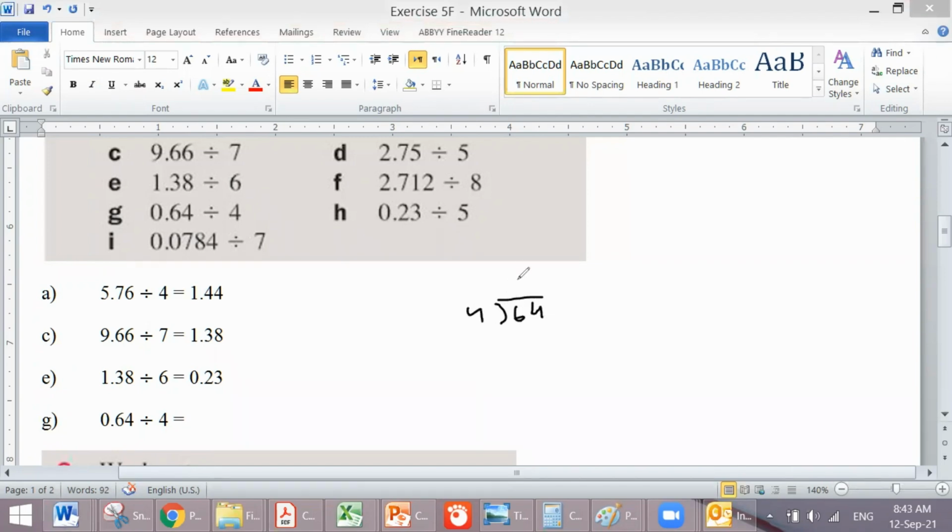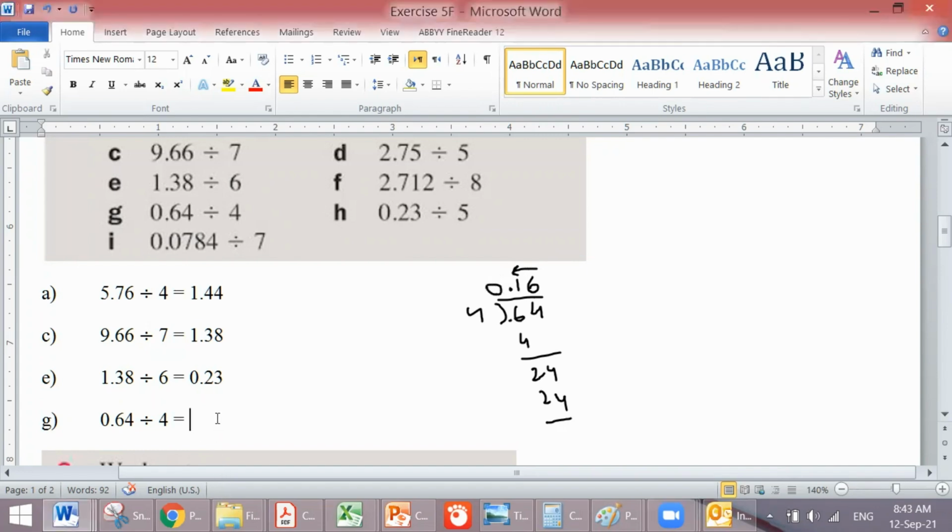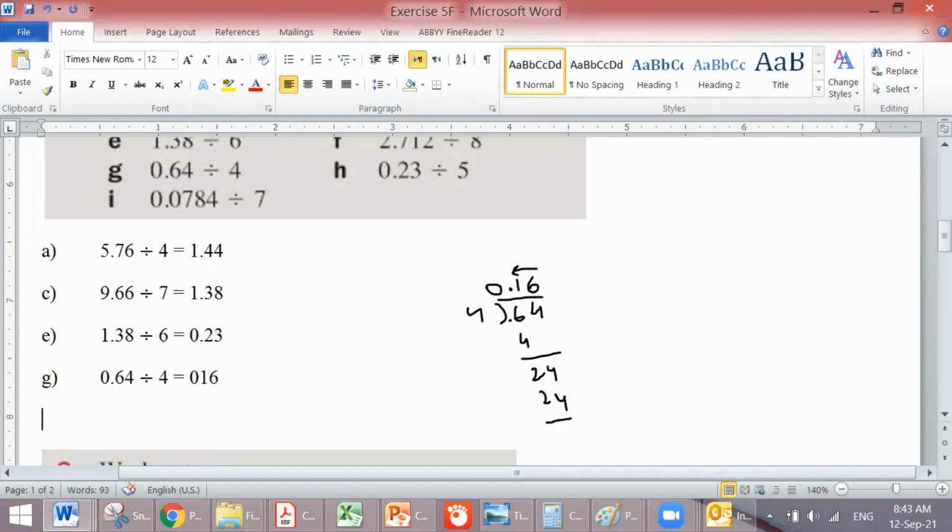So as you know, 4 ones are 4, and 4 4s are 16. Here, from 2 values from the right, I will put the decimal point. 0.16. It will be 0.16.